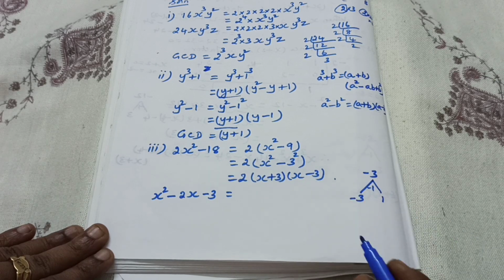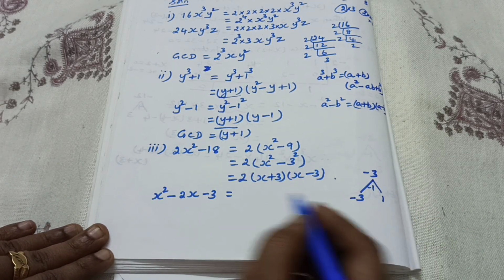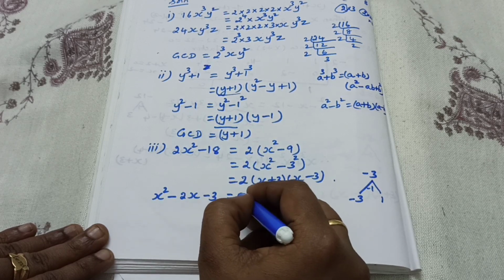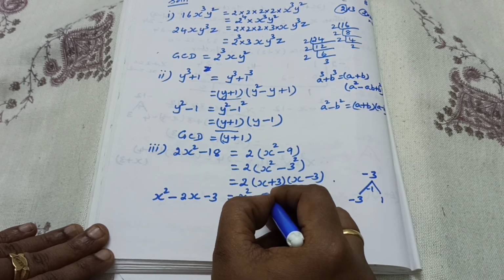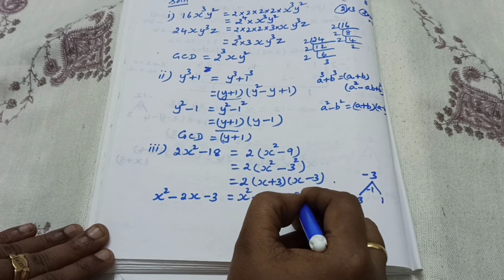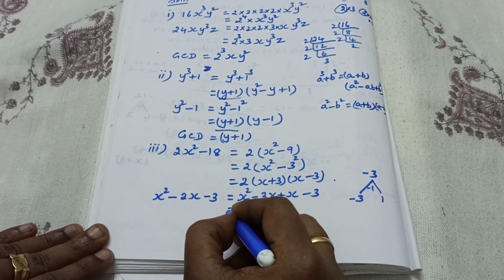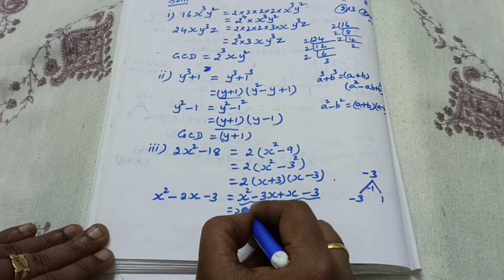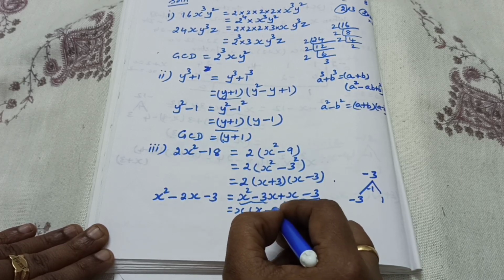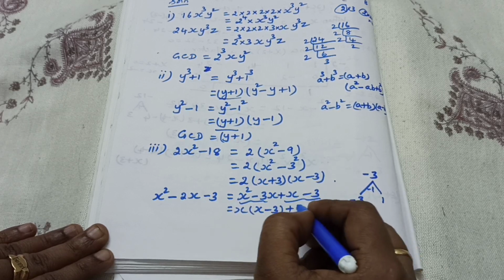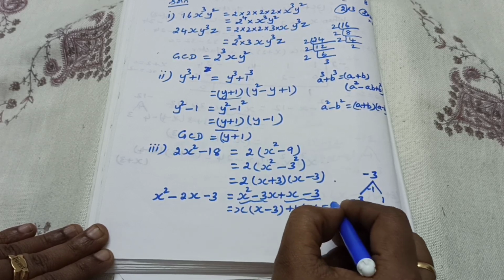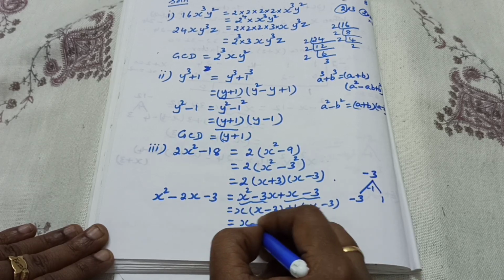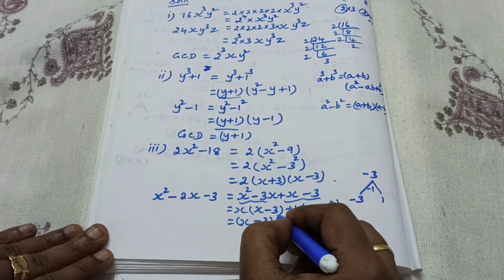So for the bigger number we have to put minus. Minus 3, 1. So the middle term we can split. Then x square minus 3x plus x minus 3. Comparing the two terms, x is common: x into x minus 3, plus for the last two terms 1 is common: 1 into x minus 3. Then, inside the bracket x minus 3 is there, and the remaining is x plus 1.